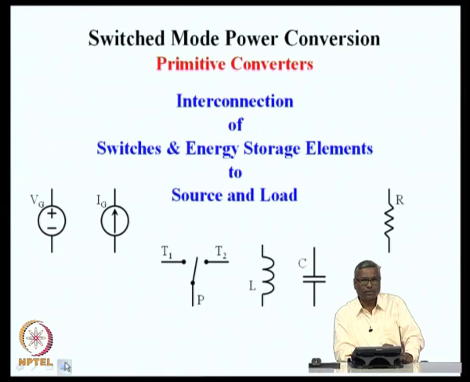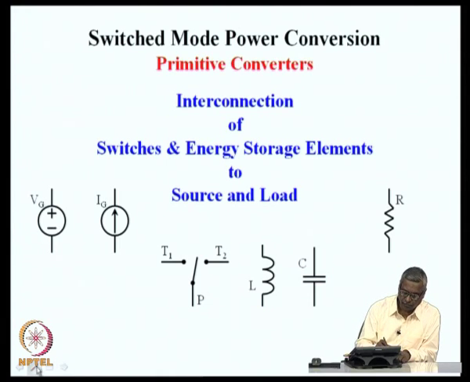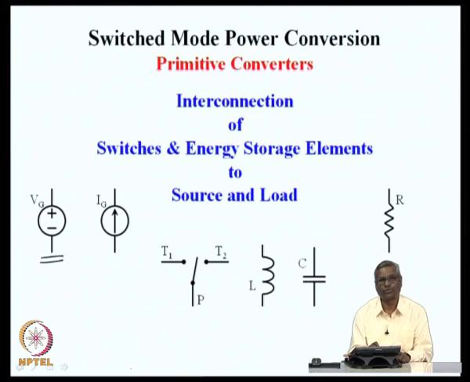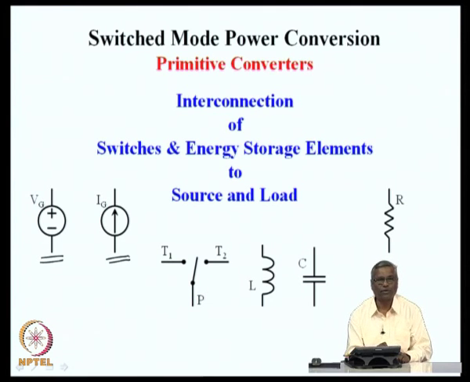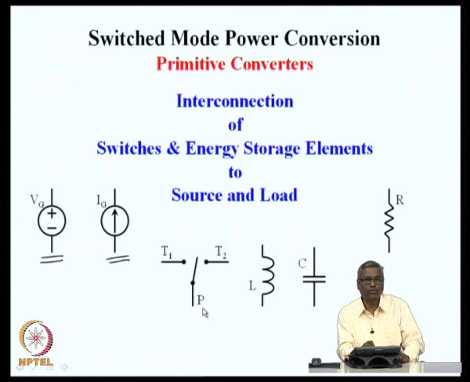The switch and the storage elements are going to be connected as part of a power converter in order to transfer power from a source. The source could be a voltage source or the source could be a current source. So, from the source we are going to draw the power through switches and storage elements and transfer it to the load, which is a resistive load in this particular case.